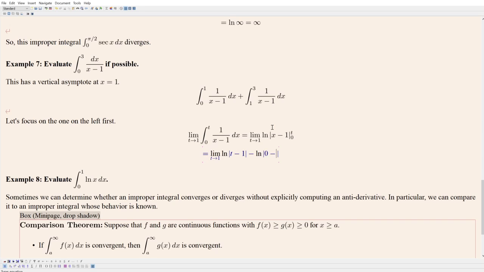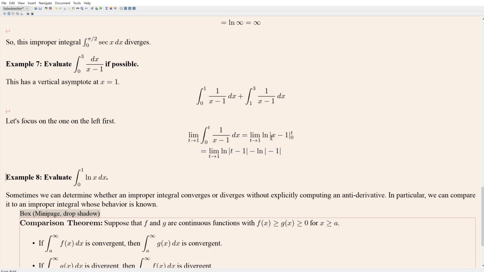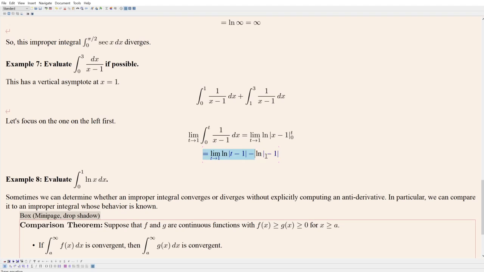If we plug in 0, we get -1. So it's a good thing I remembered to put these absolute values here, or else I would be out of luck, right? Because natural log of -1 just straight up doesn't exist. But because there are absolute values, this is natural log of 1, which is just 0.